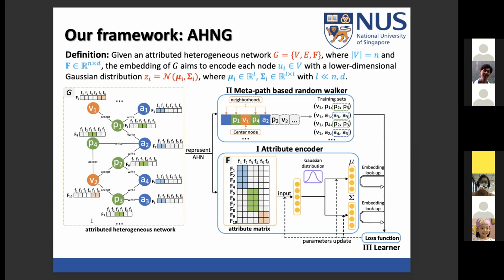The framework of AHNG is shown in the figure. It consists of 3 essential components: attribute encoder, metapath-based random walker, and the learner.